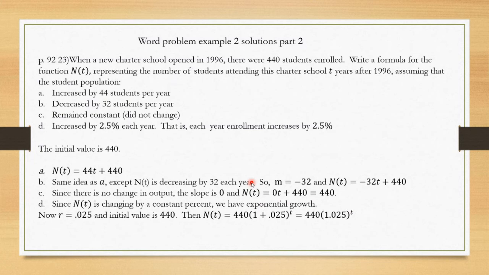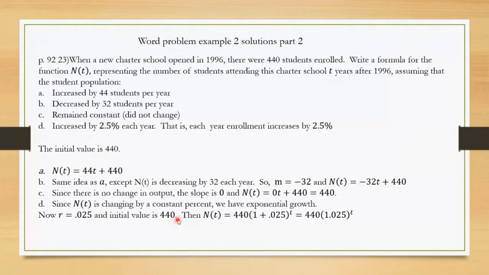All right. And D, of course, should be pretty straightforward. If it's increasing by a constant percent, then it's exponential growth. So in this case, our N of t has exponential growth. Well, it's 2.5%, so R is 0.025.